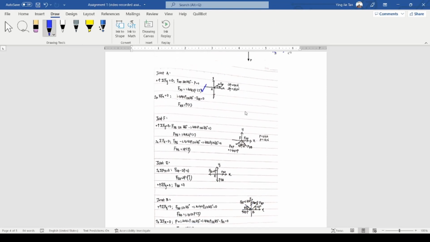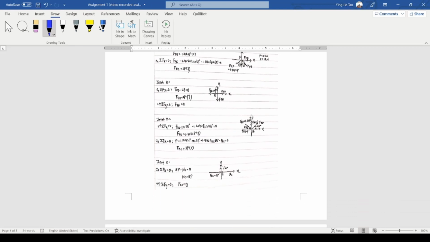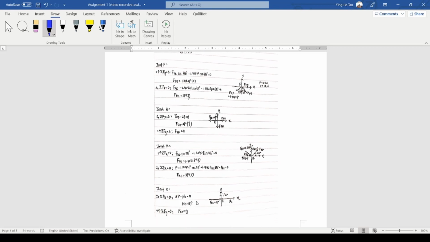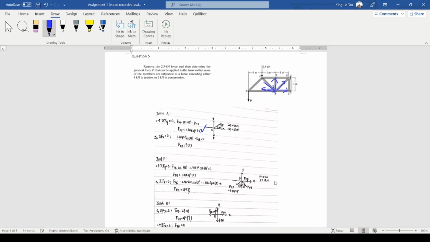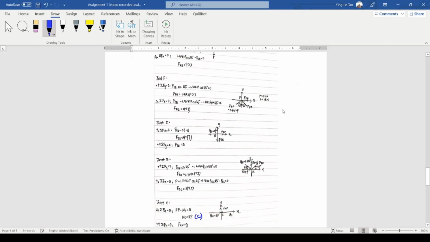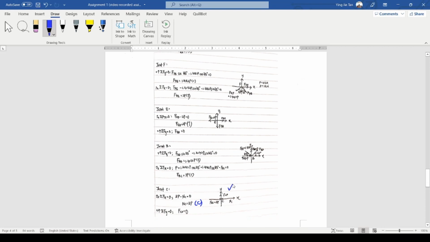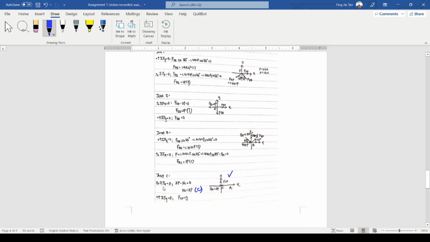So for all of this, we need to consider the joint and the force, and then we can get the final answer. The next one is joint C. Joint C, we will have a force up, and here the force comes up. So this is your diagram of the axis, and then you will consider your x component.